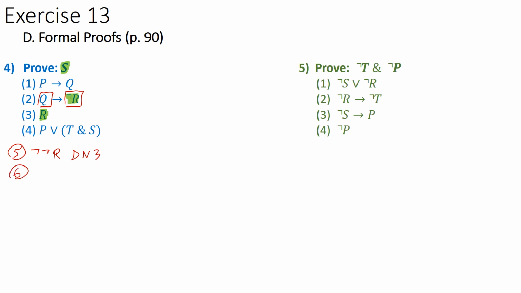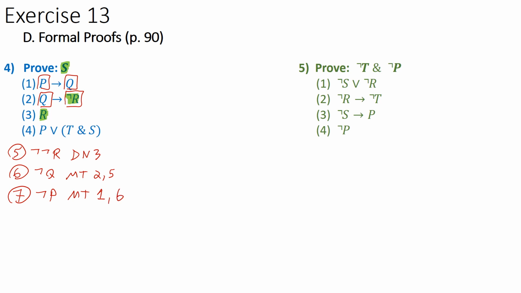Line 6, not Q by modus tollens, lines 2 and 5. However, not Q allows us to deny this consequent to thereby deny this antecedent. So for 7, we can say not P by modus tollens, lines 1 and 6.